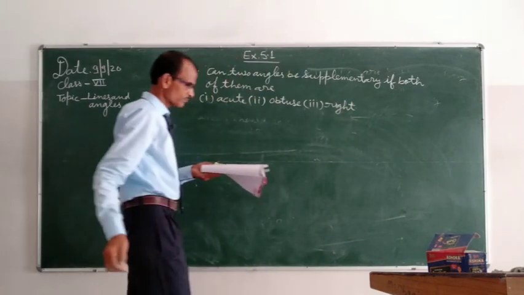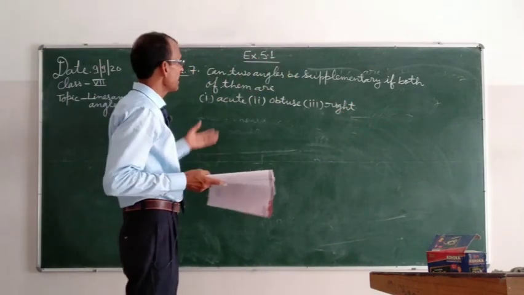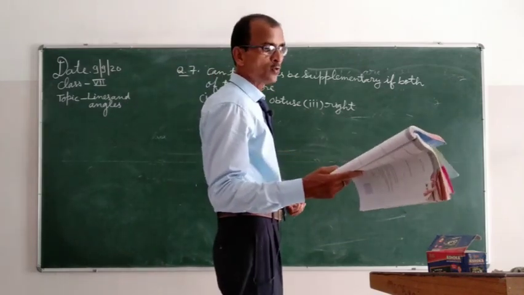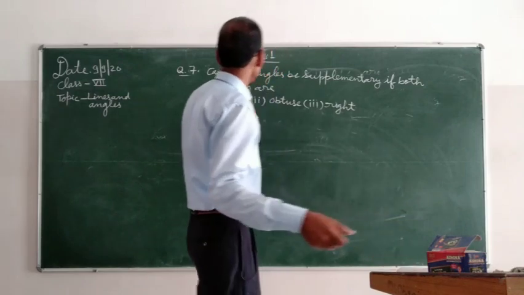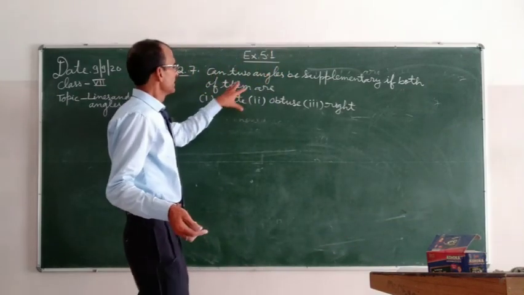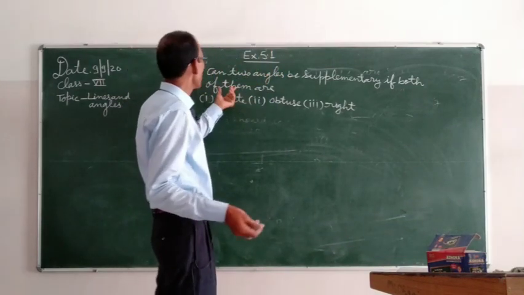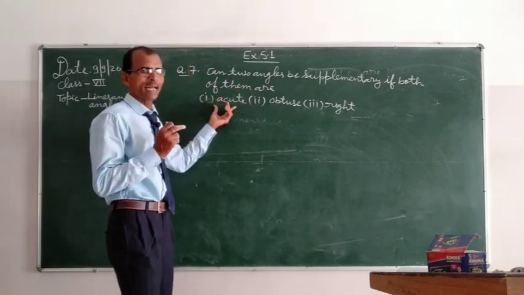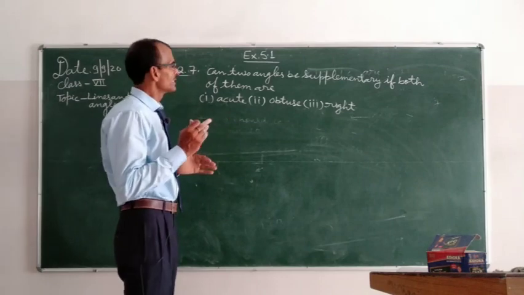ओके, इस क्वेश्चन का मतलब क्या है? कैन टू एंगल्स बी सप्लीमेंट्री? क्या दोनों एंगल्स सप्लीमेंट्री होंगे? इफ बोथ ऑफ देम आर एक्यूट। अगर दोनों एंगल एक्यूट एंगल हैं तो क्या वे सप्लीमेंट्री एंगल होंगे?